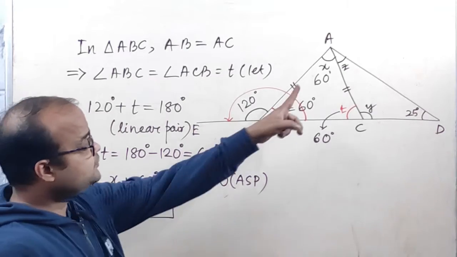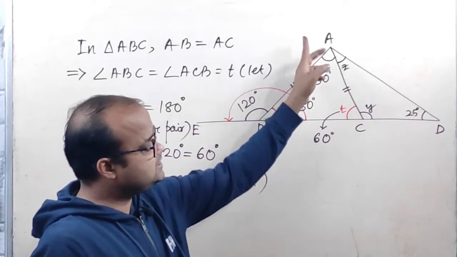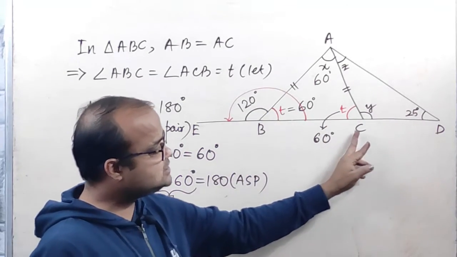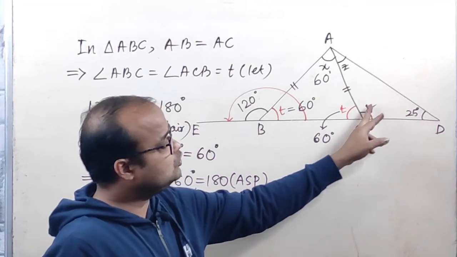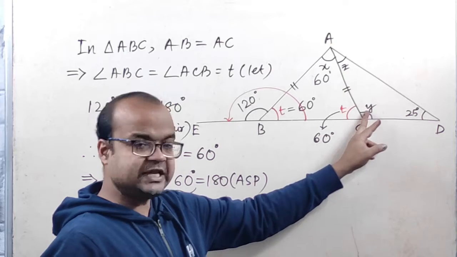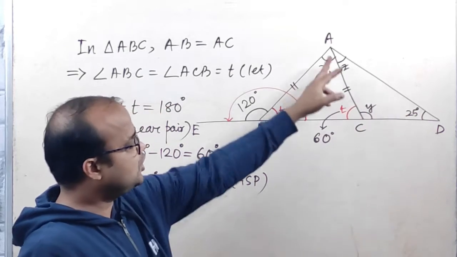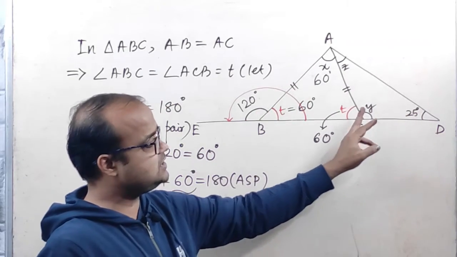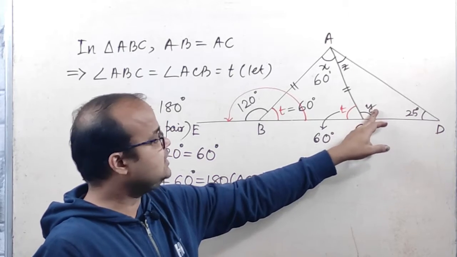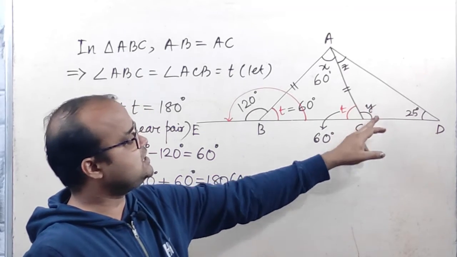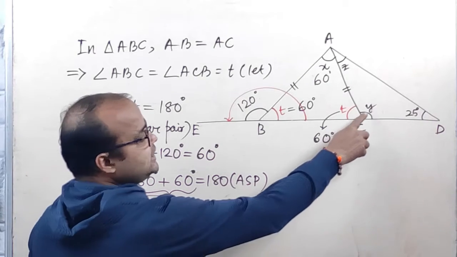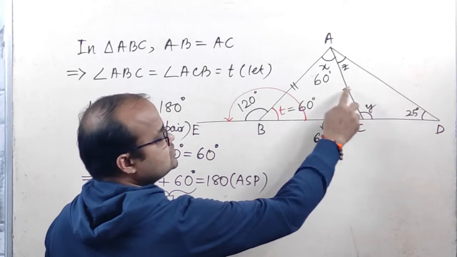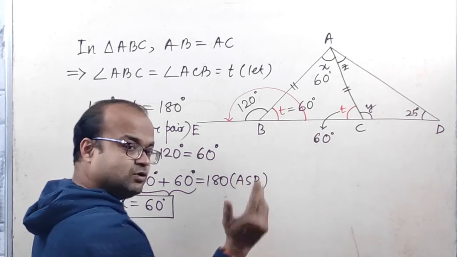Now in triangle ABC, if you extend the side BC to a point D, angle Y is an external angle. For triangle ABC, Y is an external angle and an external angle is equal to the sum of the internal opposite angles.